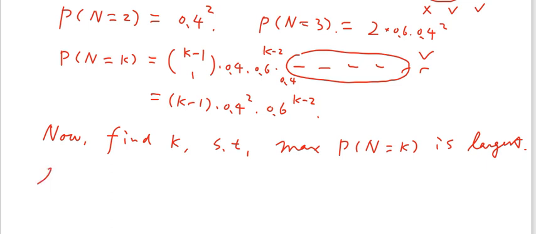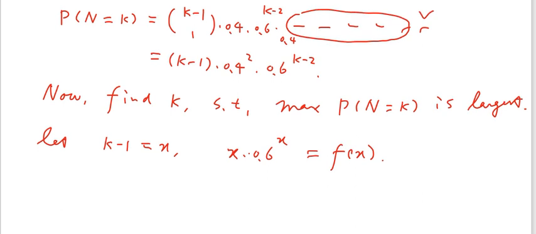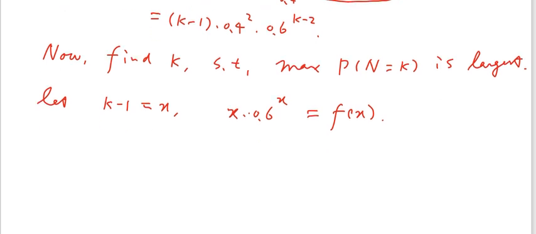We let k minus 1 equal x. This constant we don't care about. So here we have this function x times 0.6 to the x. We want to find which x makes this function largest. So we can check x equals some numbers, or we can also use the derivative. So let's use the derivative. We let this derivative equal 0.